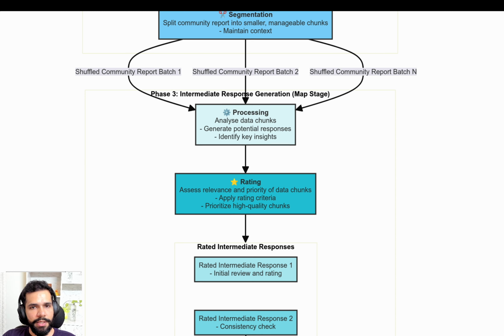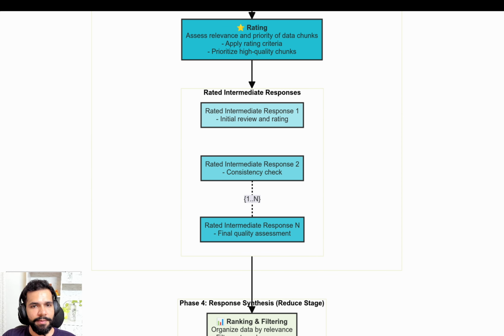We have a rating criteria defined in our prompts, and we prioritize these high quality chunks. This is the rated intermediate responses. Out of the n, we have 1 to n, which are scored and weighted. Based on this, we come to the reduce stage. The previous one is what we call the map stage.